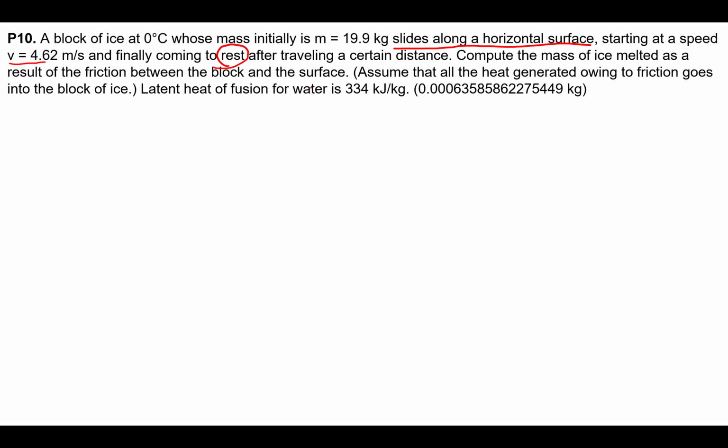So once again, this is the ice, given an initial velocity. Because of the friction between the ice and the surface at the bottom, it travels a certain distance and then it melts.